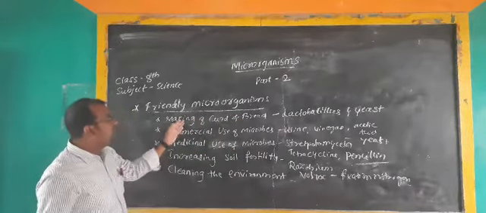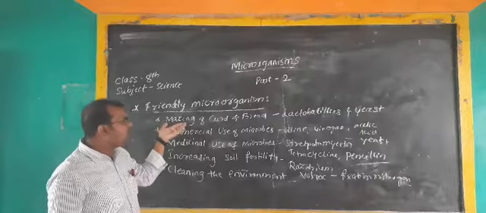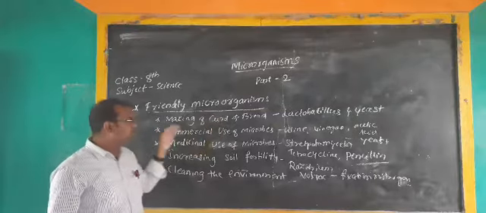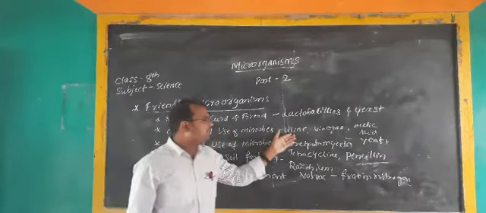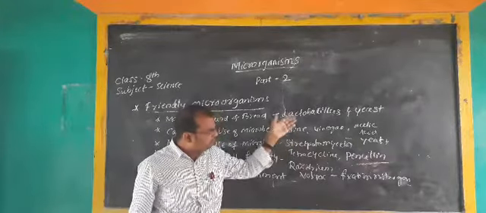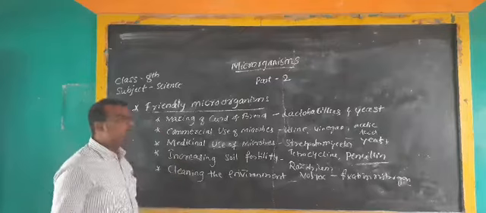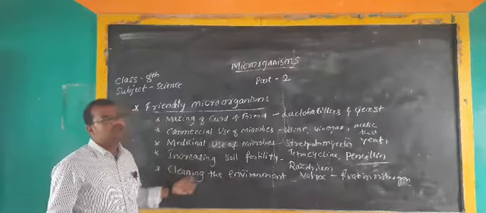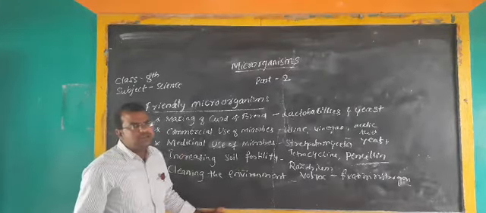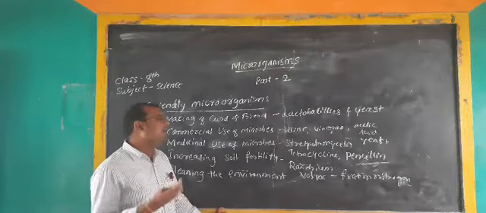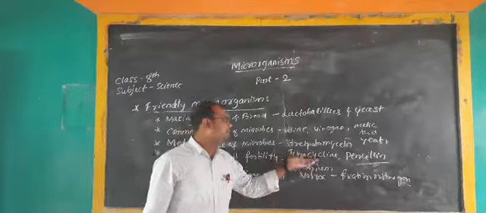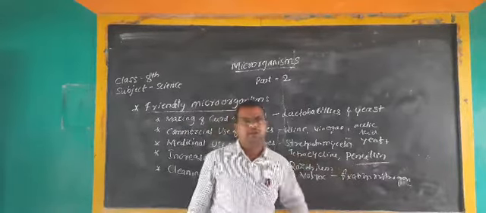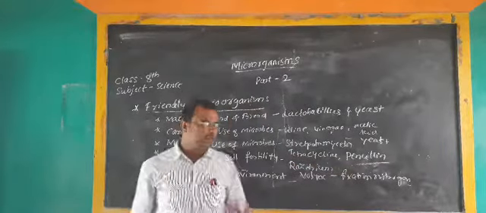One is the domestic purpose, making curd and bread, whereas for commercial uses, microbes are useful in the preparation of wine, vinegar and alcohol. And even for medicinal use, many medicines like streptomycin, tetracycline and penicillin are prepared by using different kinds of microbes.